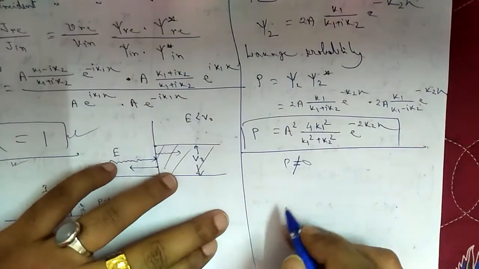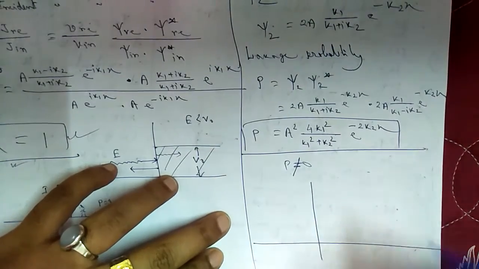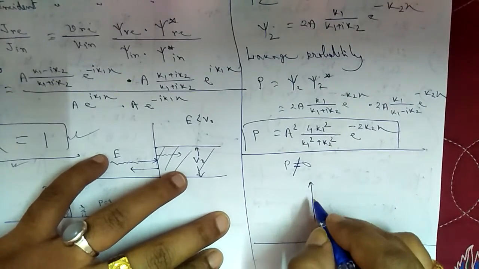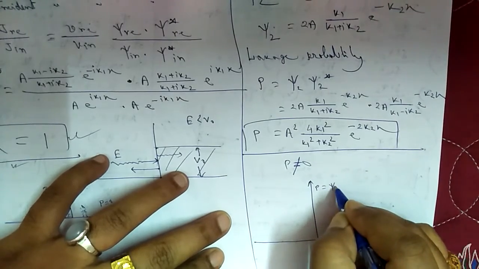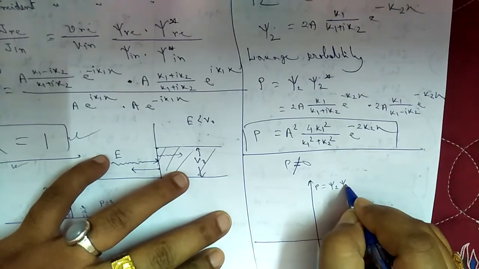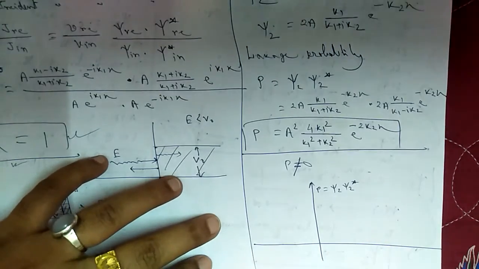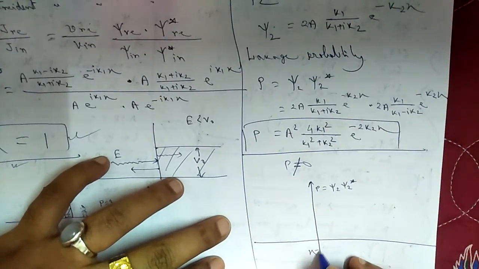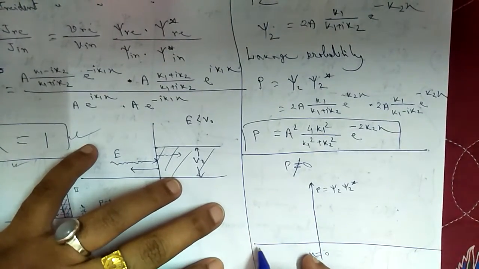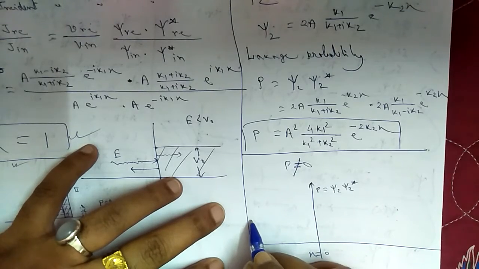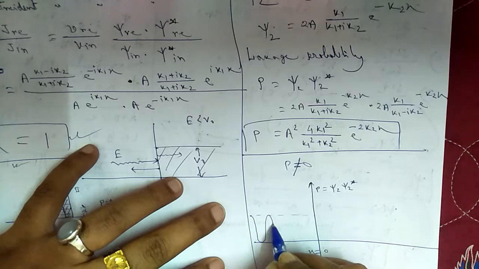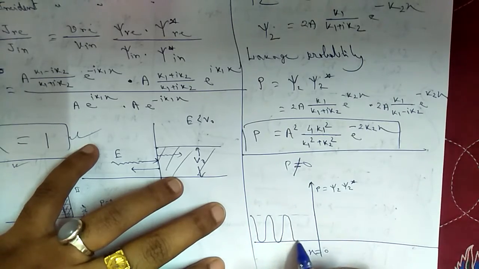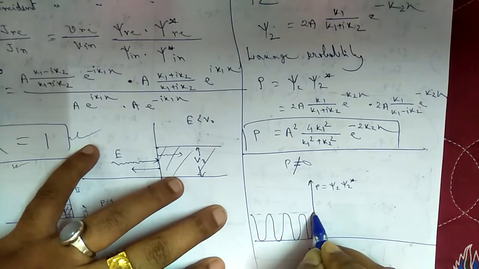So quantum mechanically, how will you represent this phenomenon graphically for the wave function? Suppose this is P equals psi 2 star psi 2 in this region 2, and you have this interface at x equals 0. Before x equals 0, suppose the wave function has some finite value like that, and it is hitting the wall here.